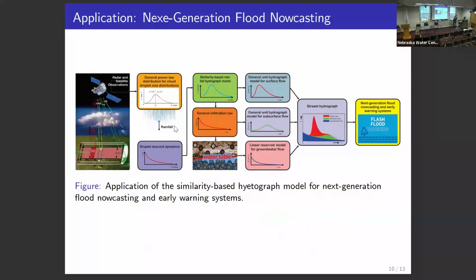Based on this, we propose the next generation flood nowcasting. Nowcasting, I say, is immediate, real time, the next 1 or 2 hours. First, we have this radar and satellite, and we measure this cloud in terms of height and thickness.